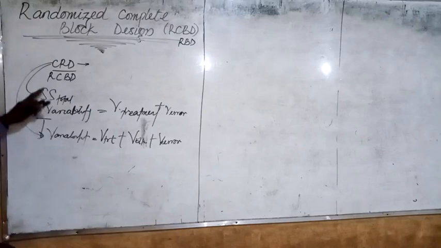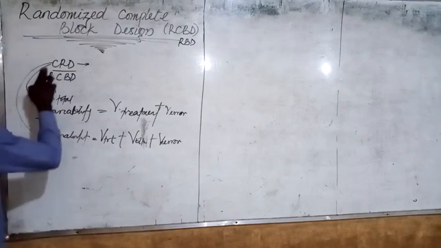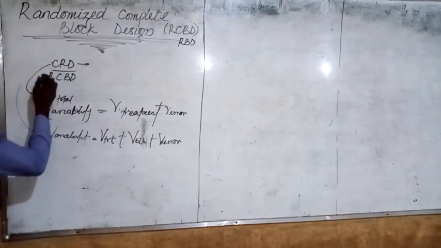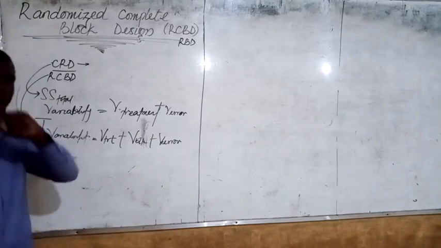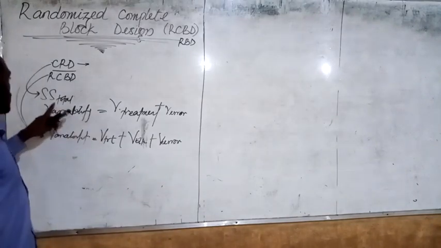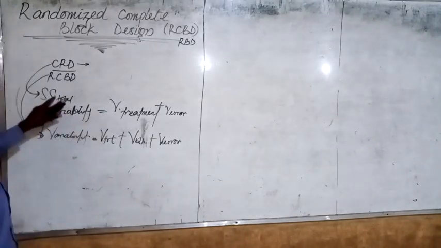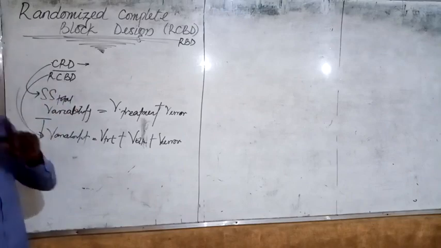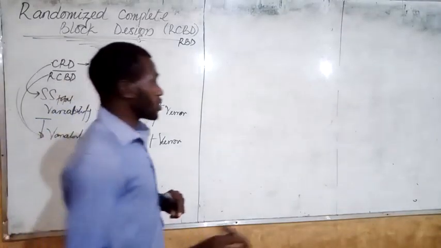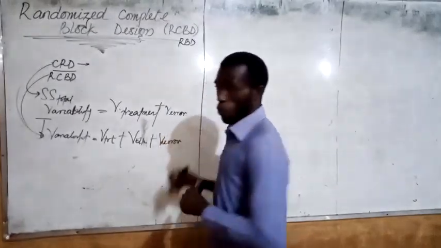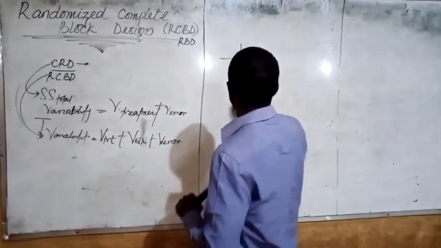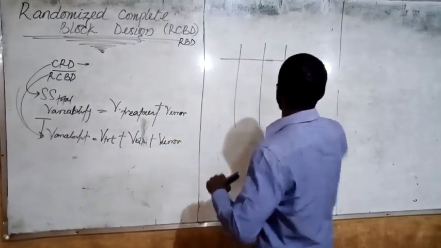So the RCBD applies two sources of variation, while the CRD applies one source of variation. That is why you will see the format of the question of CRD to be just like this.